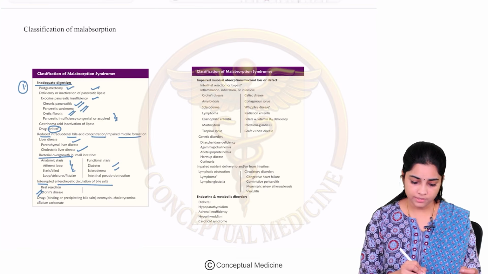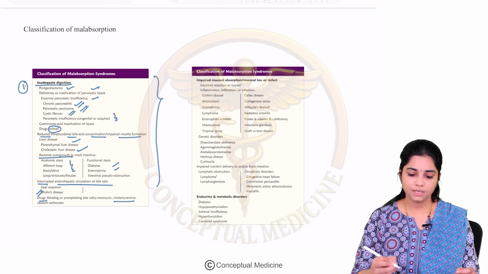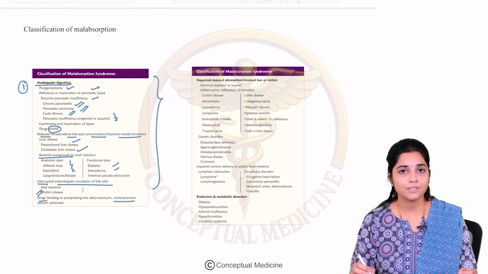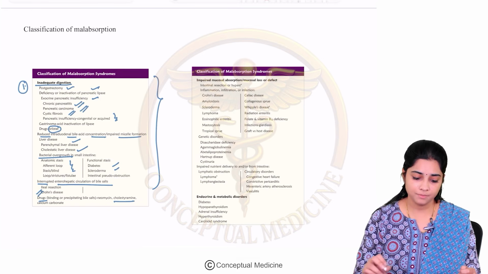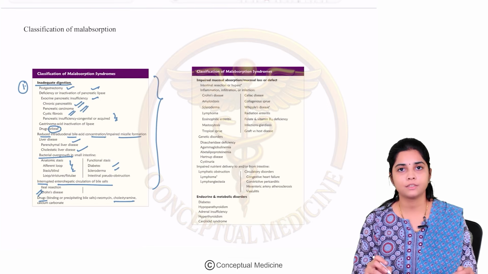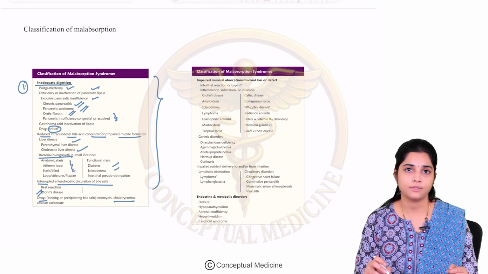Okay, and also drugs like cholestyramine. So this is about what are the causes of maldigestion. Maldigestion can occur due to pancreatic problems, due to drugs, due to bacterial overgrowth, due to bile acid deficiency and a problem with the enterohepatic circulation.